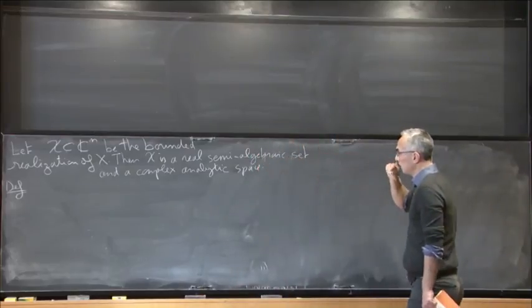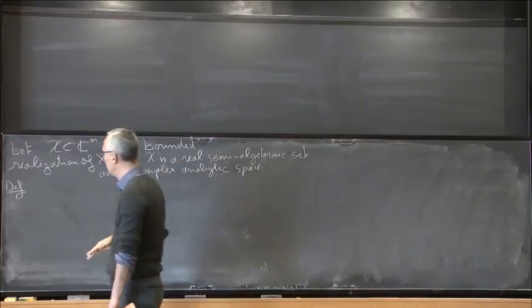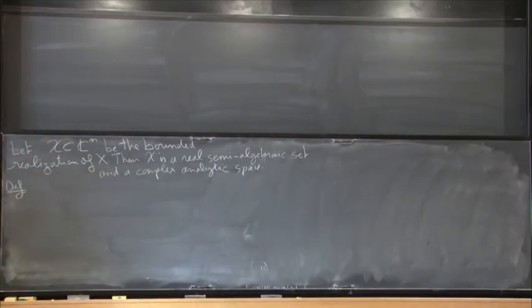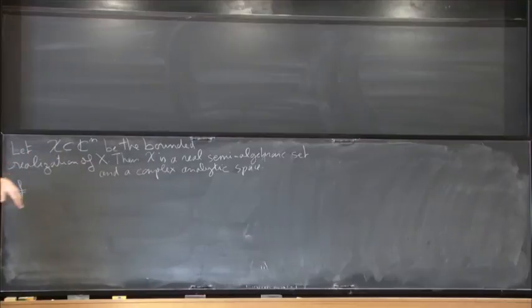So you have two natural structures, and we would like to give a meaning to algebraic subset of X, which is not so natural because we have just a semi-algebraic structure. But we give the following definition.